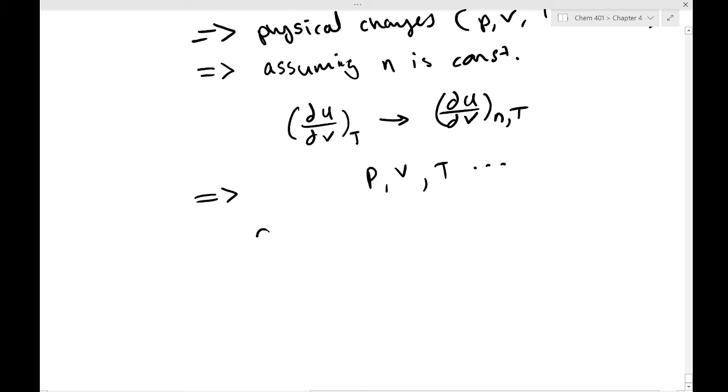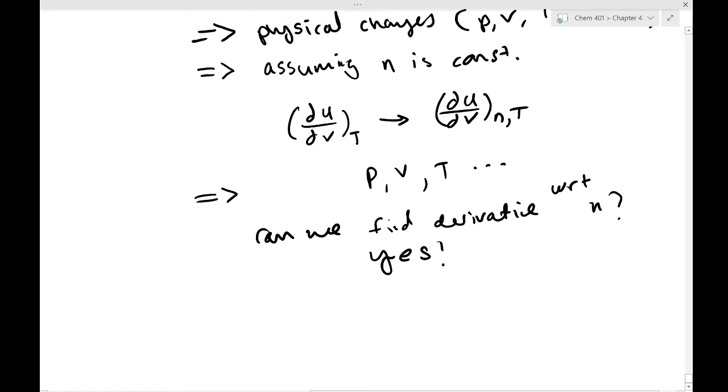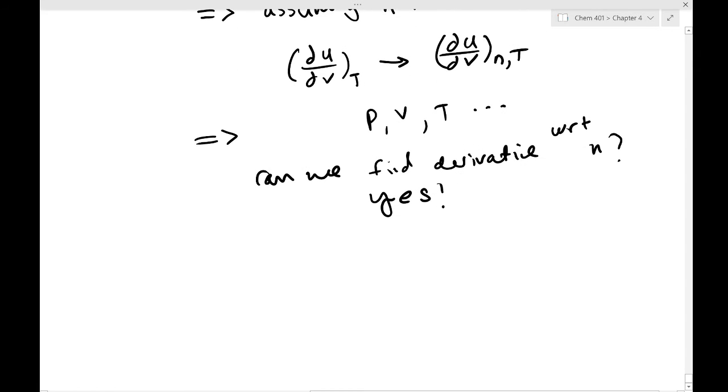So can we do the same for n, or can we take the derivative, or maybe we should say with respect to n? And of course, as you guessed, probably the answer is an emphatic yes. And this is what we will be doing from here on out, essentially.